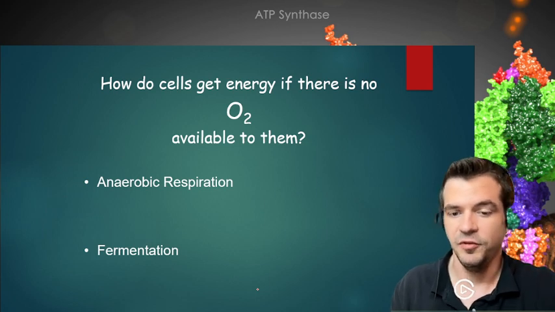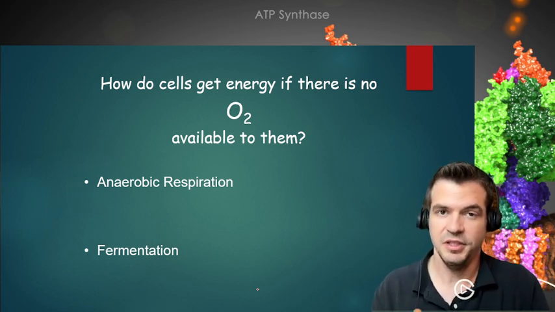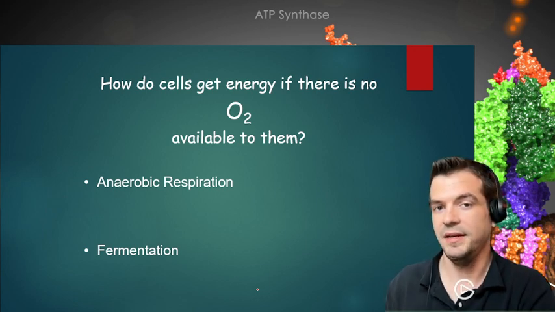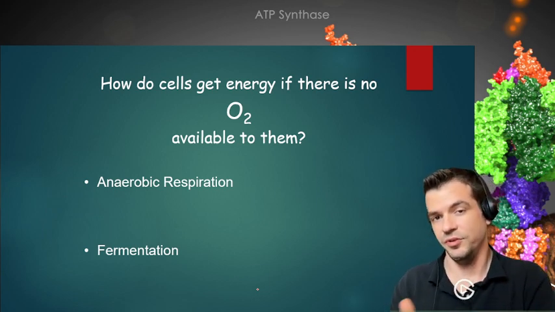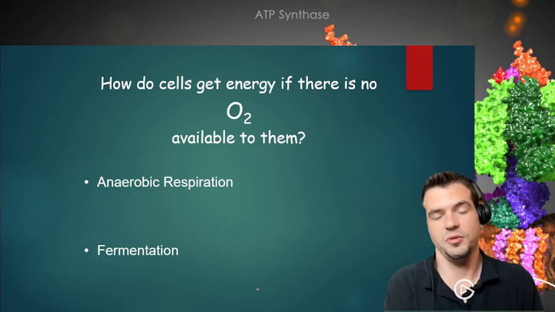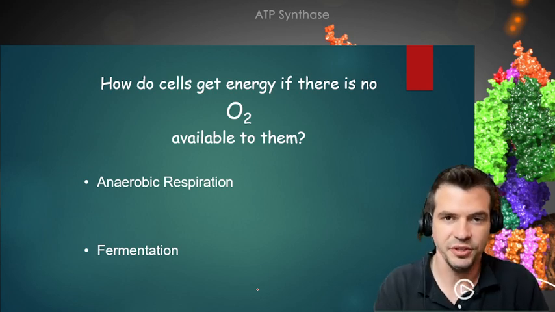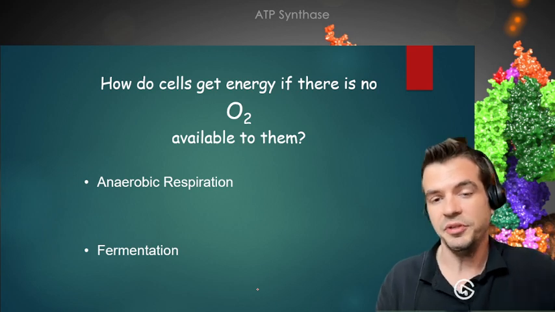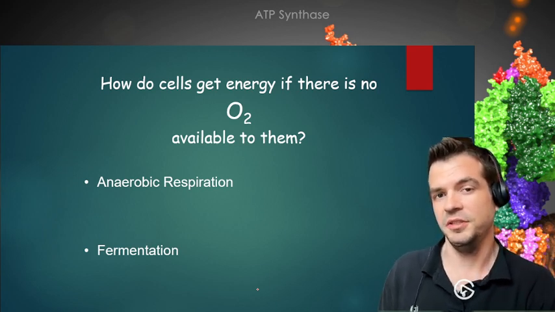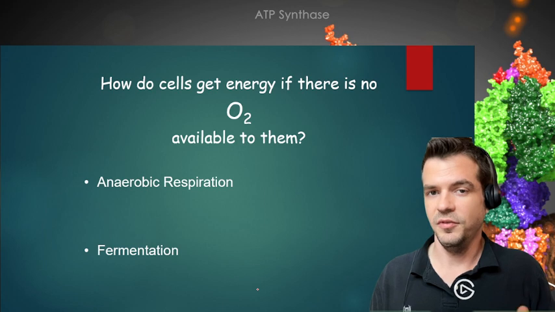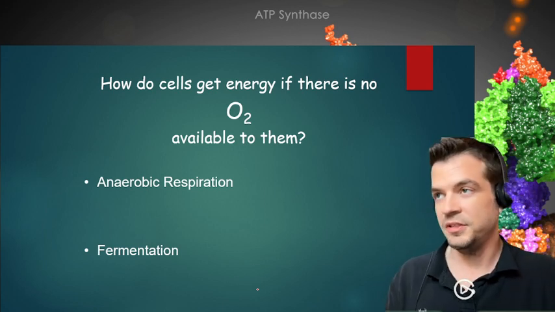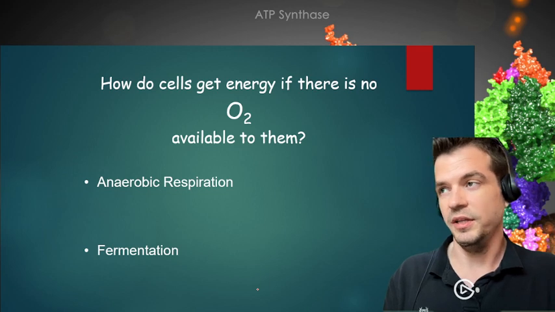Fermenting is the action of getting NAD back to enter glycolysis. So it's like the recovery reaction. When you say fermentation, you're talking about the reaction that happens after glycolysis, after we got our ATP from glycolysis. These are the two methods that we use when we're not dealing with oxygen.